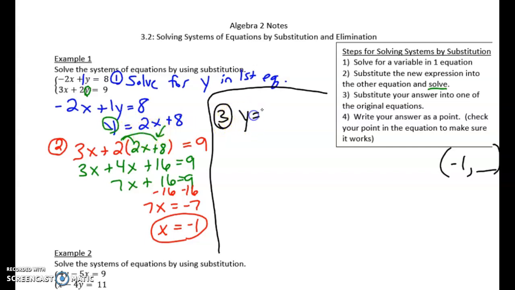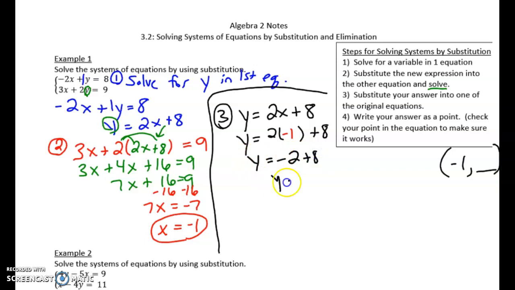In step 1, when I solved for y, I got y equals 2x plus 8. Now that I know x is negative 1, I can fill that in. So what was x? x was negative 1. Now we can figure out what y is. So y is 6, and that's your ordered pair.